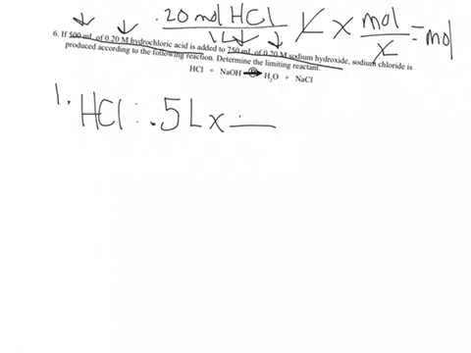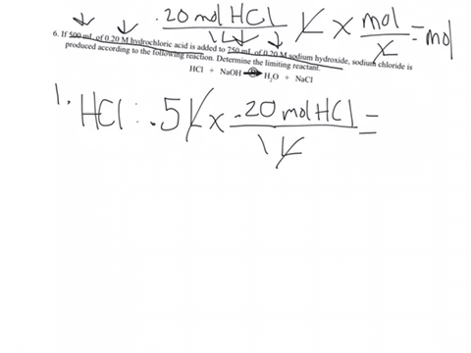That's what molarity means. And when we do that, liters cancel out and we're left with moles. When you do that math, it ends up being 0.1 moles HCl. All right, so that's our first reactant.